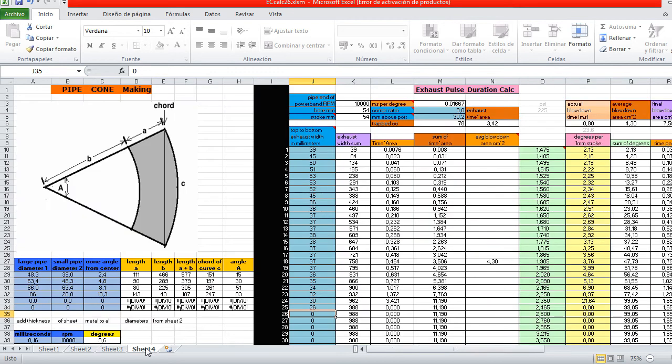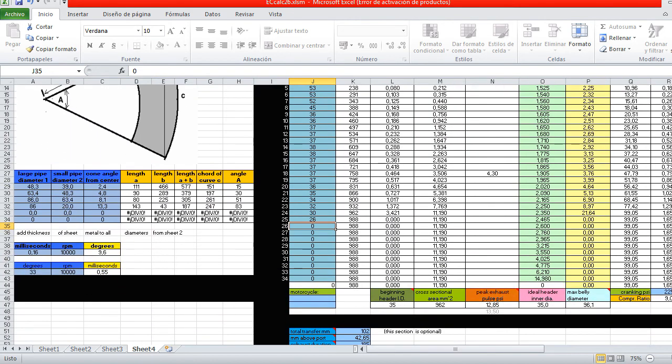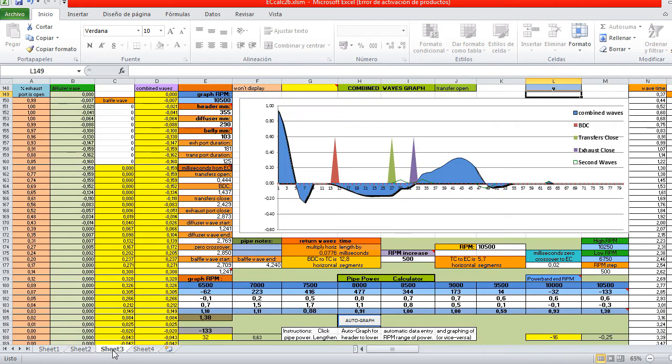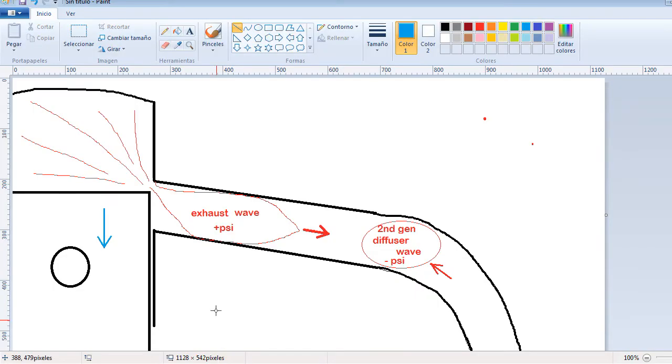On sheet 4, it tells you right here what the estimated exhaust pulse pressure is. Okay, if you look at this, it's a simple little drawing.